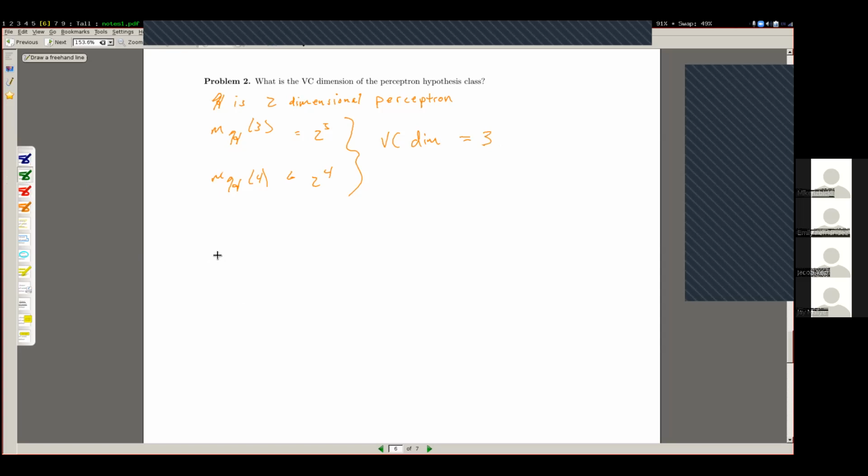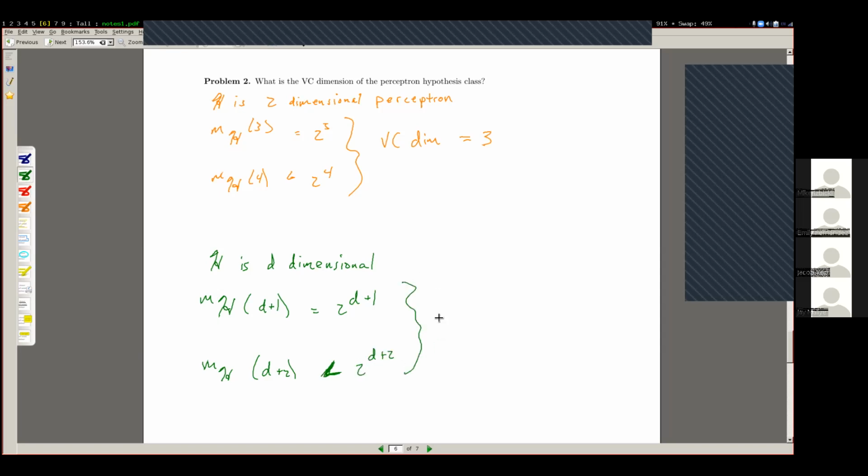In general, if H is d-dimensional, so that's what the problem's actually asking for, then M sub H of d plus 1 equals 2 to the d plus 1, and M sub H of d plus 2 is strictly less than 2 to the d plus 2.